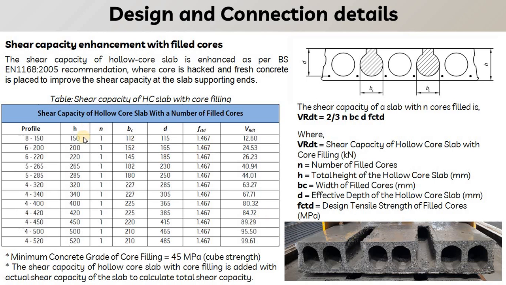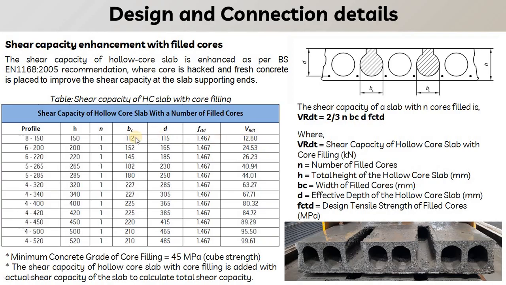So this table shows the minimum thickness of the hollow core slab and the requirement of the core filling, which ultimately shows the shear capacity. So let's say we need to increase the shear capacity by 12 kilonewton.